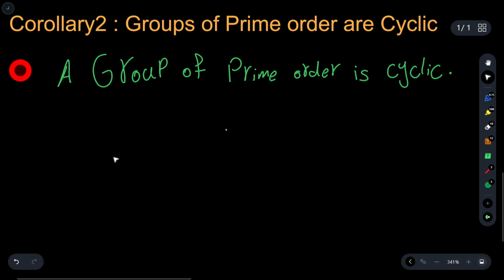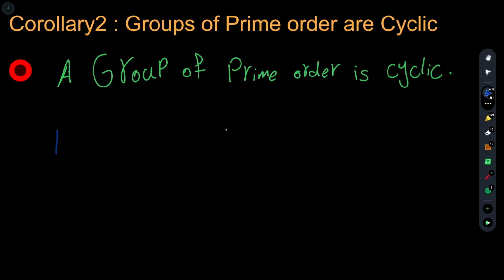So this is the next corollary. Groups of prime order are cyclic. The way we're going to prove that is really easy. Just consider Lagrange's theorem. We just said that the order of our subgroup divides the order of our group.